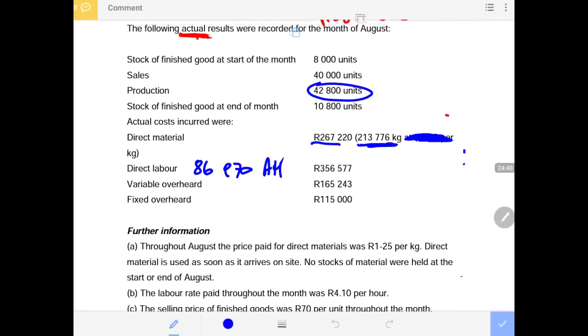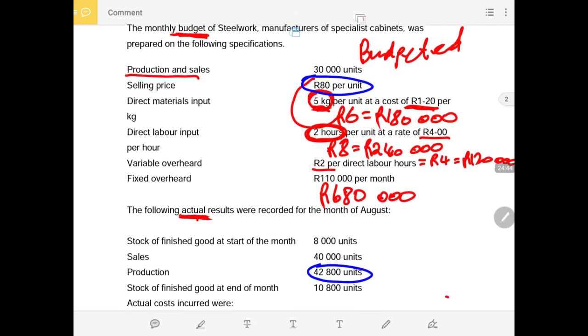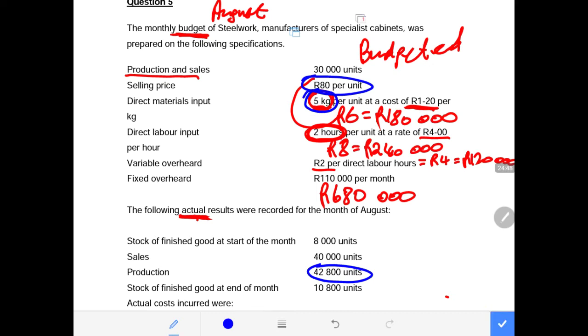In other words, we are saying we thought that, or we expected that we must use 5 kgs for every unit. So now standard is saying if we produced 42,800, then how many kgs were supposed to be used?